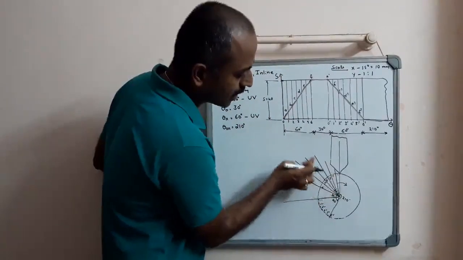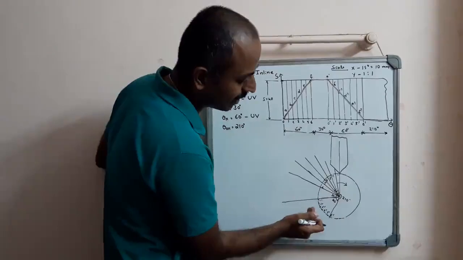The length of the lines will be increasing in outstroke, and it will be decreasing in return stroke.